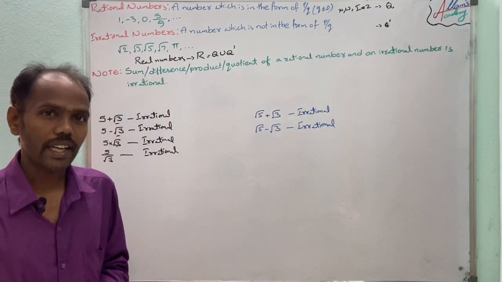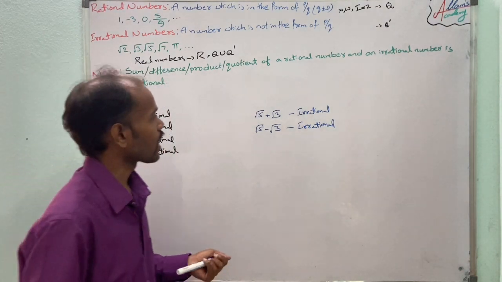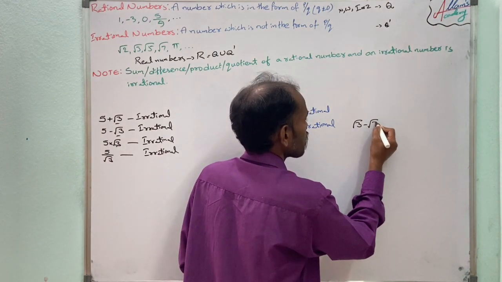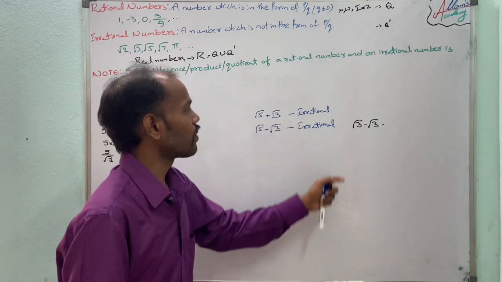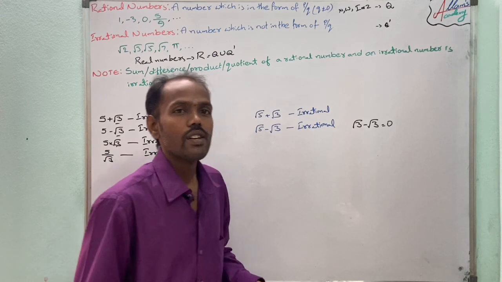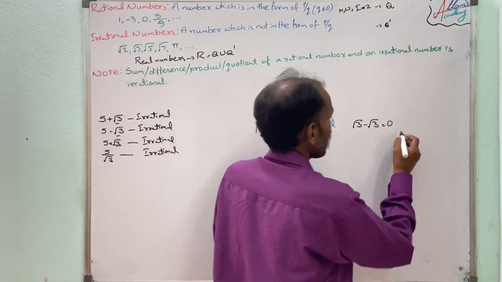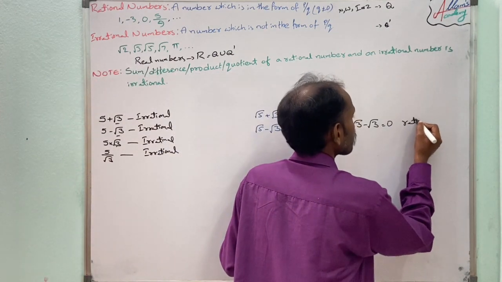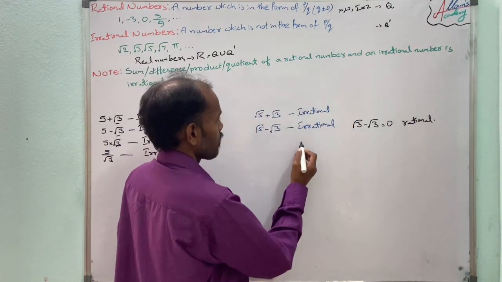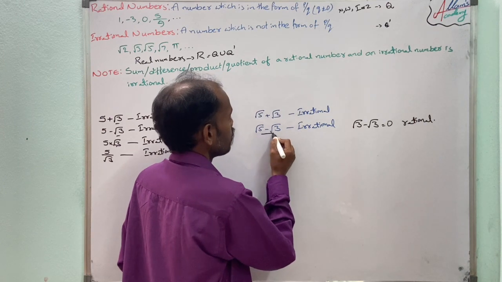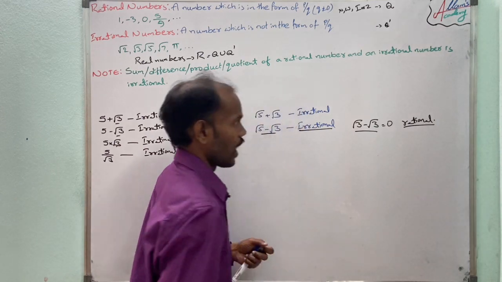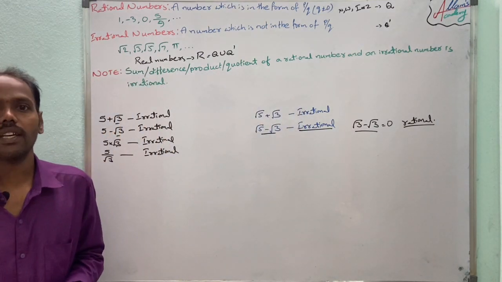Now if we take the irrational numbers with same numbers, root 3 minus root 3, now we get the result root 3 minus root 3 equal to 0. So 0 means it is a rational number. So the difference of two irrational numbers may be irrational or rational, any one will come.